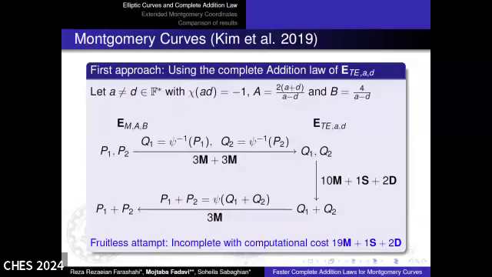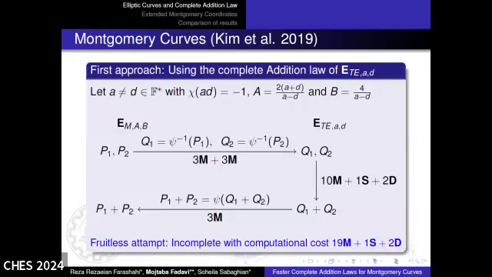Their first approach was to use the complete addition laws of Edwards to extract the complete addition laws for Montgomery. As you see, they tried to send the points of Montgomery to the Edwards, formalize their additions, and come back with the point Q1 plus Q2 to the Montgomery.